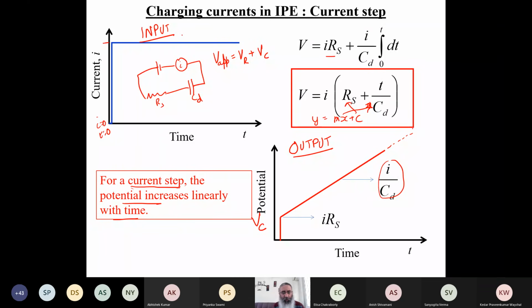Connect it to reality, the picture that is happening in real time. The potential across the dropping mercury electrode and KCl interface is increasing with respect to time. If you do this continuously, there will come a time when the ideally polarized interface is going to transform into an ideally non-polarized interface.